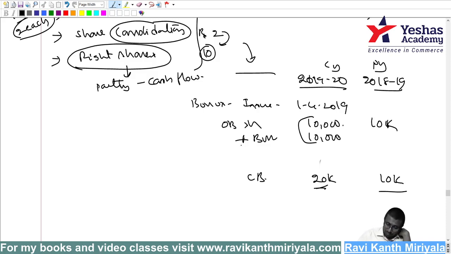Even though bonus shares have been issued in the current year, we should assume that these bonus shares have been issued in the beginning of the previous year. I repeat once again, we should assume they were issued in the beginning of the previous year. Otherwise, there is no money inflow, but the number of shares has gone up.